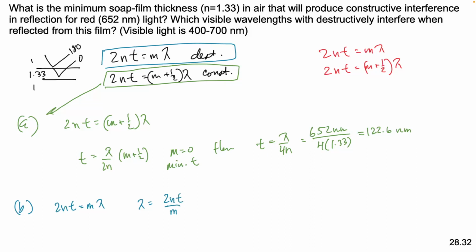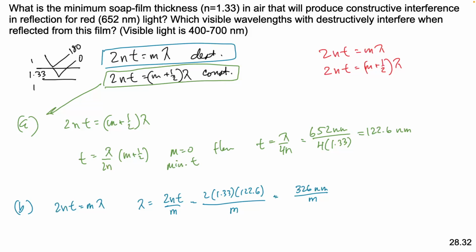Oh, this is kind of interesting. So I have 2 times 1.33 times a thickness of 122.6 nanometers, all over m. This turns out to be 326 nanometers when you do 2 times 1.33 times that.